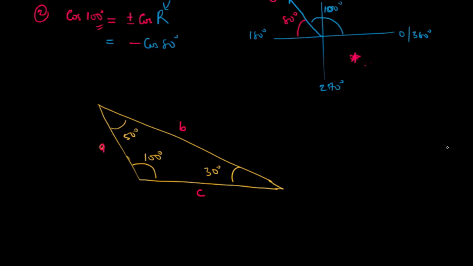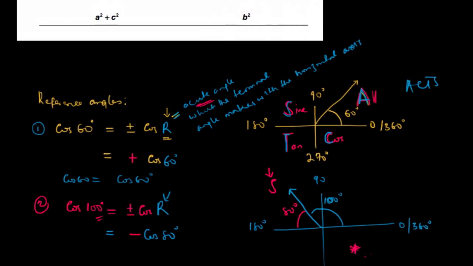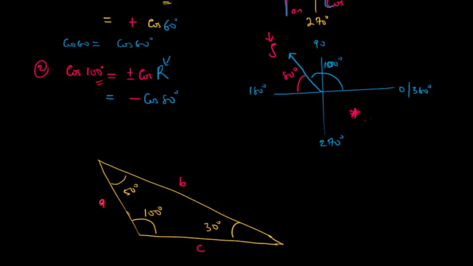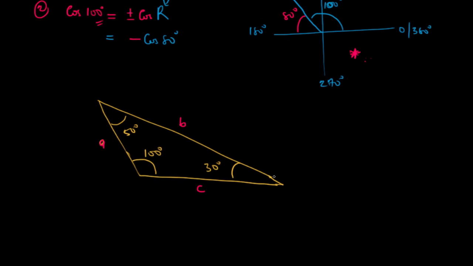Now what I want to do in this video is try and determine a relationship between A, B, and C based on this triangle here. What would come to your mind is that this is B here, while this is 100 here. Now you can remember your cosine rule. I'm very sure you went through this in your undergraduate studies.